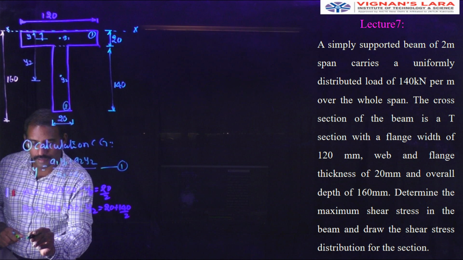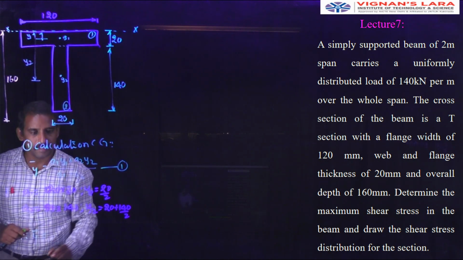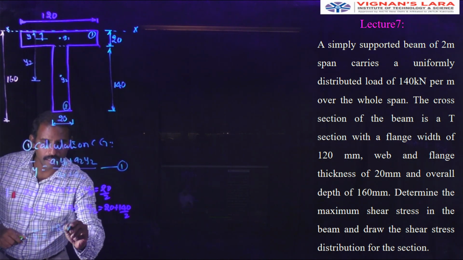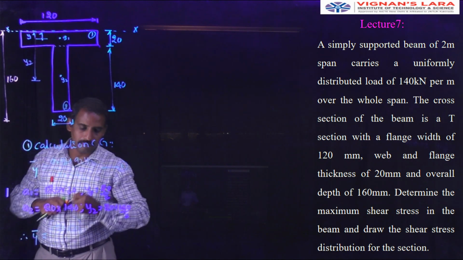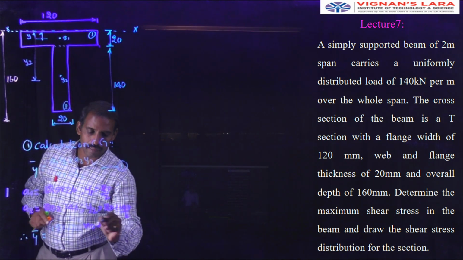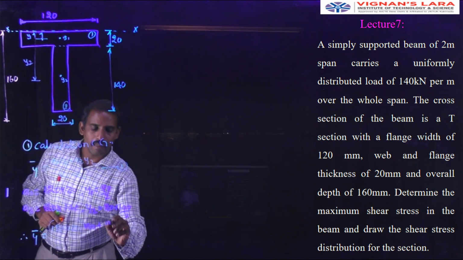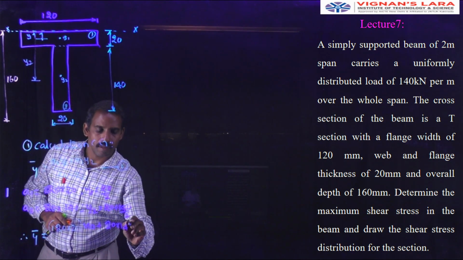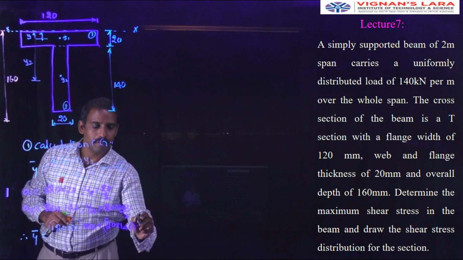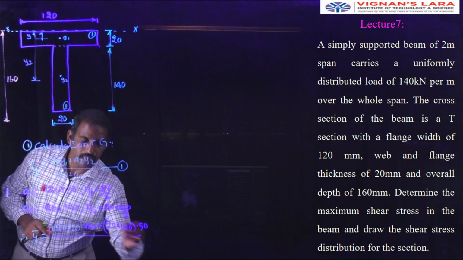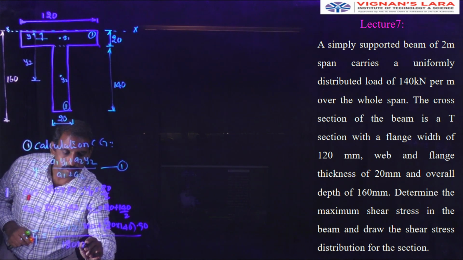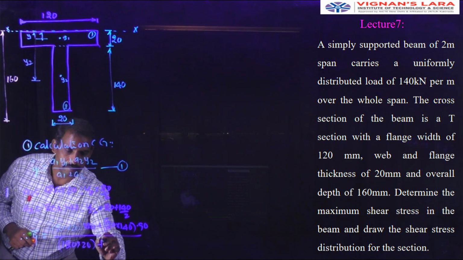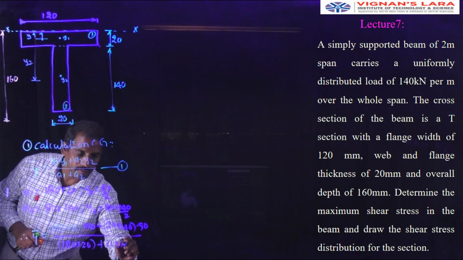Therefore y bar is equal to (120 into 20 into 10 plus 20 into 140 into 90) whole divided by (120 into 20 plus 20 into 140).